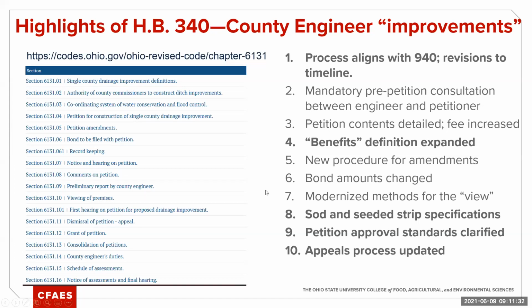The main difference between what we did in 940 and what we did over in 6131 is that 6131, as many of you know, has a bond requirement. And so we did address the bonding there. That doesn't exist over in our 940 projects. But otherwise, you can see that the changes, the highlights look very similar.